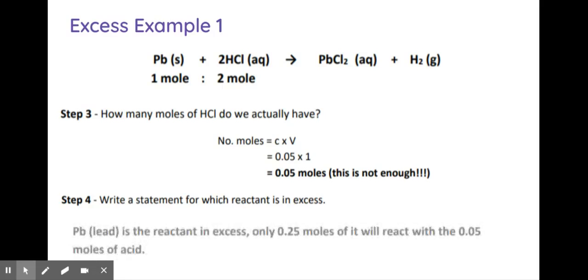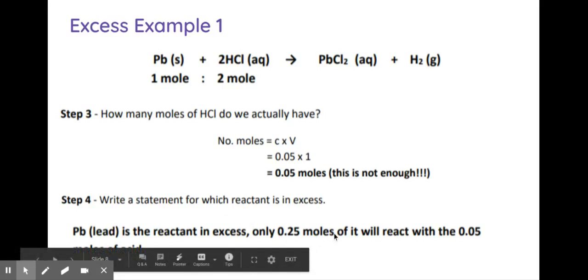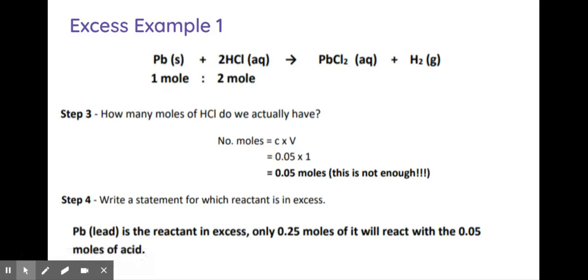So all you're going to do for step 4 is just say Pb, or lead, is the reactant in excess. You don't need this extra bit here, I've just put that in for extra information. So only 0.025 moles of the lead will react with the 0.05 moles of acid.